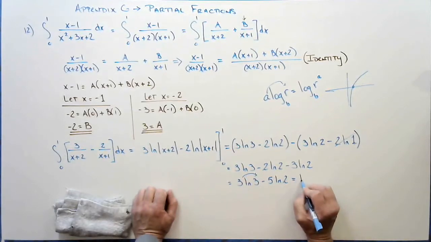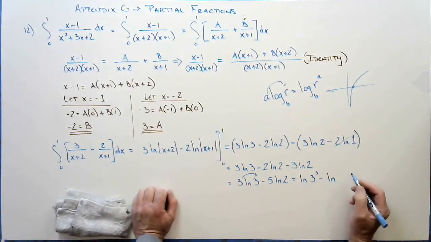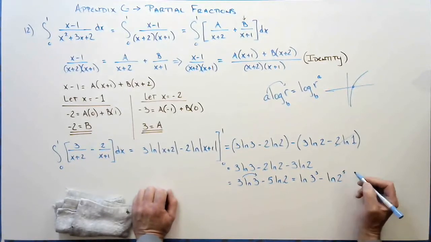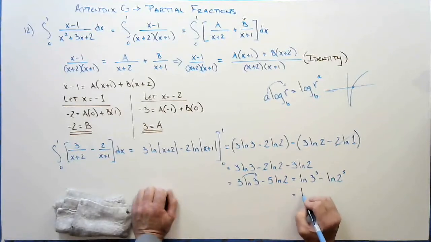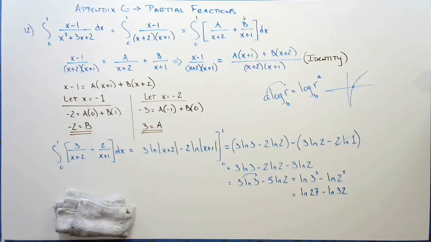This is going to be then the natural log of 3 cubed, or the natural log of 27, minus here we're going to have the natural log of 2 to the 5th. And so we could express this as the natural log of 27 minus the natural log of 32. Not sure which way it's expressed in the book, but I would be fine with this on an assessment. I would also be fine with this. So that's problem 12.